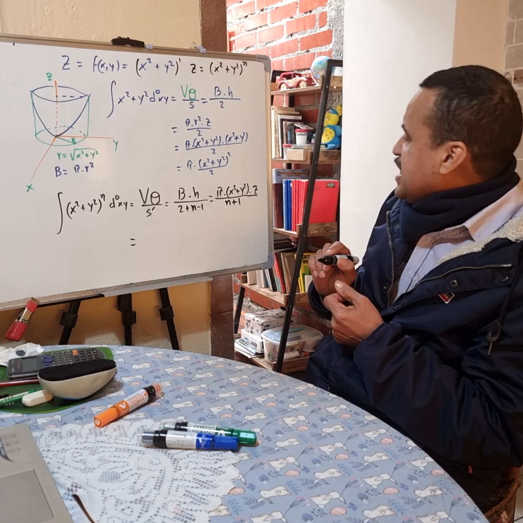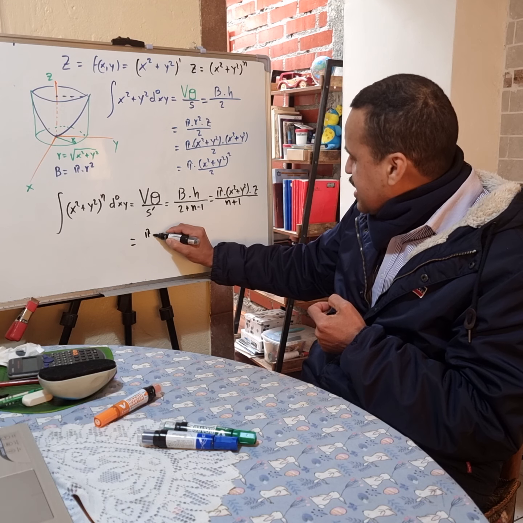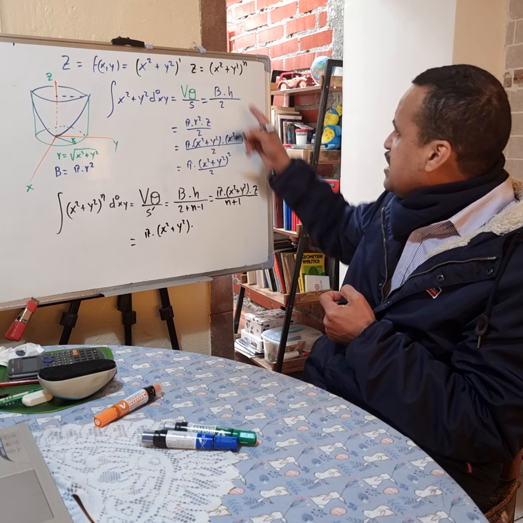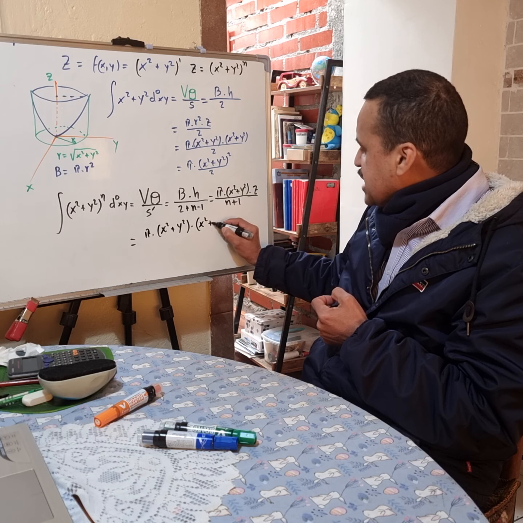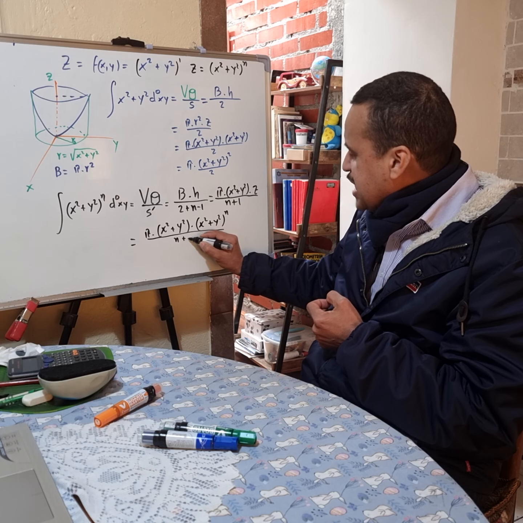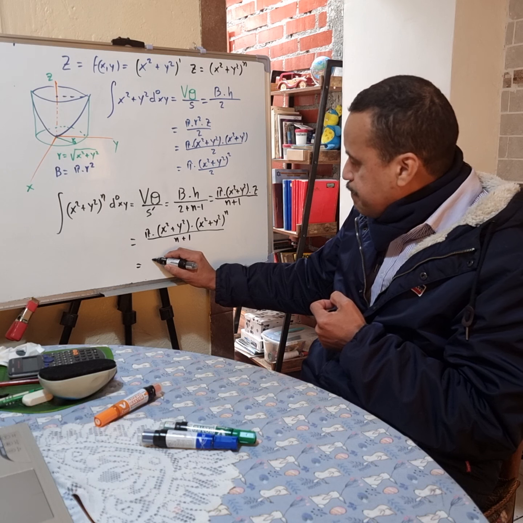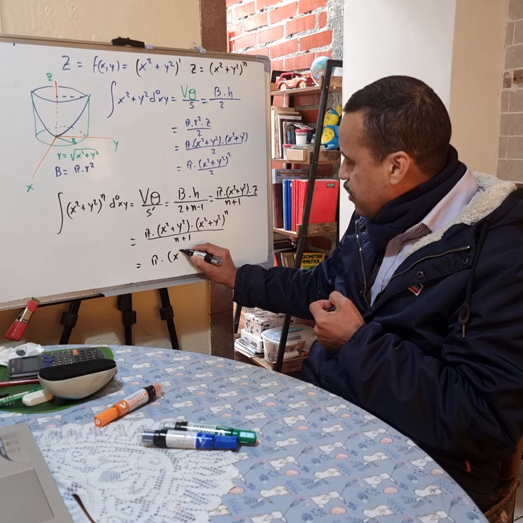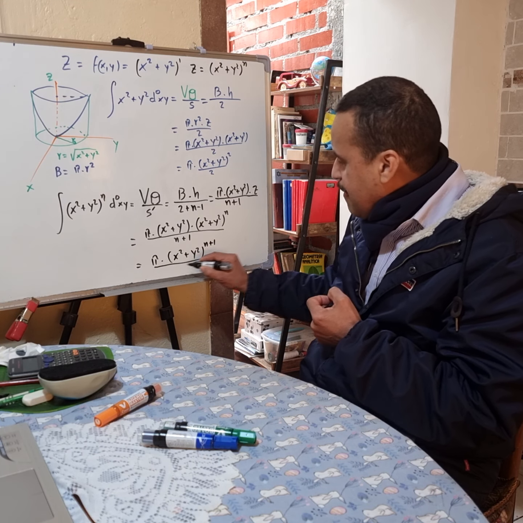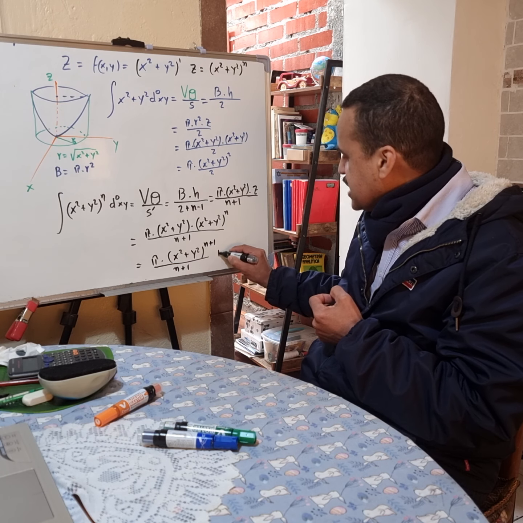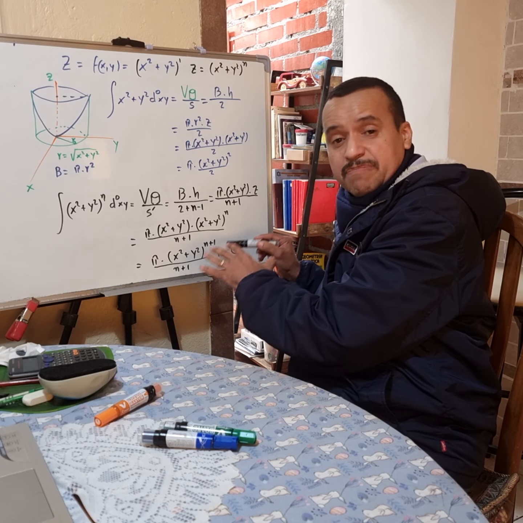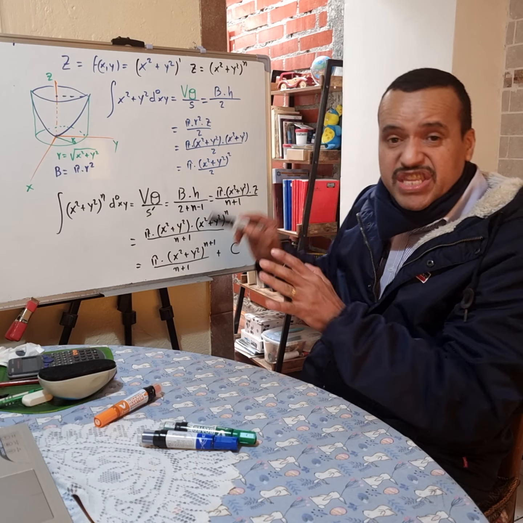So we have finally pi times s squared plus y squared times z, which is now s squared plus y squared to the power m, divided by m plus 1. So we have pi times s squared plus y squared to the power m plus 1, divided by m plus 1, plus some constant of integration. And this is our formula of the primitive of any power of this identity function in circular expansion.